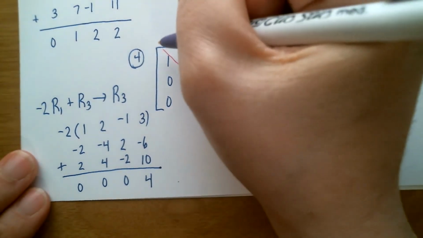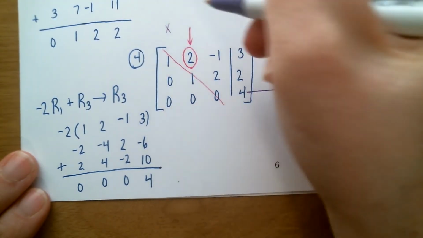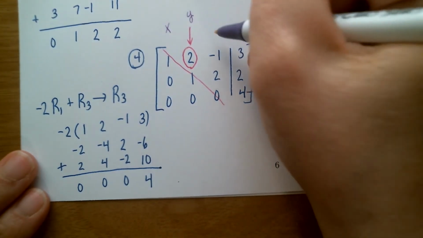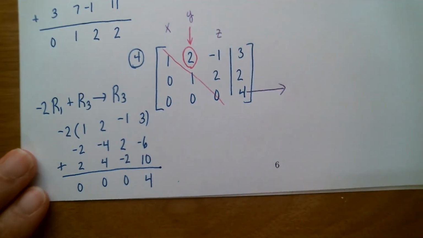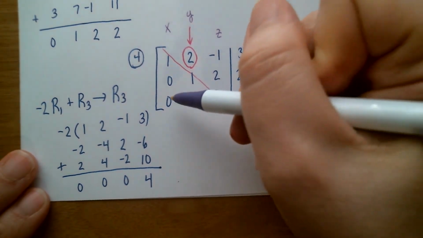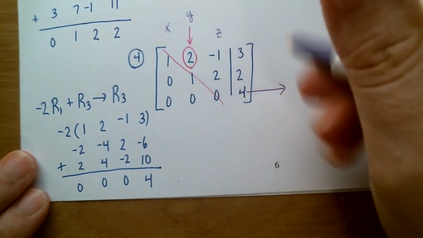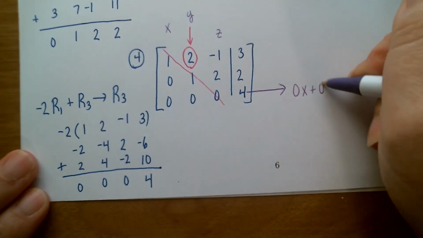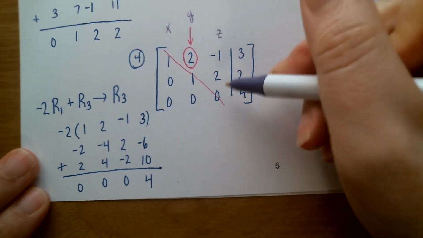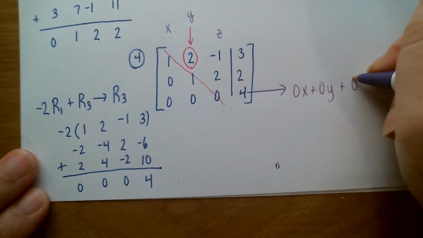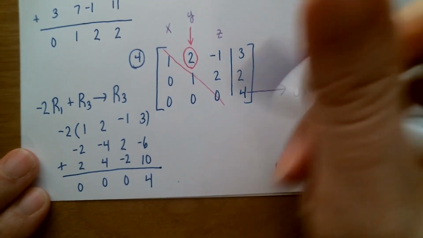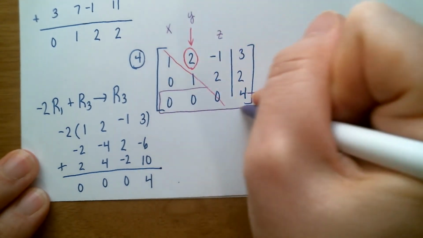Again, the first column are numbers in front of X, the second column are numbers in front of Y, and the third column are numbers in front of Z. The third line is telling you 0 times X plus 0 times Y plus 0 times Z is equal to 4.